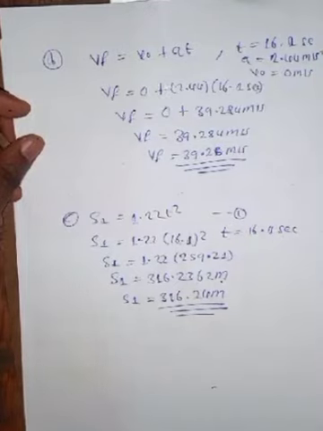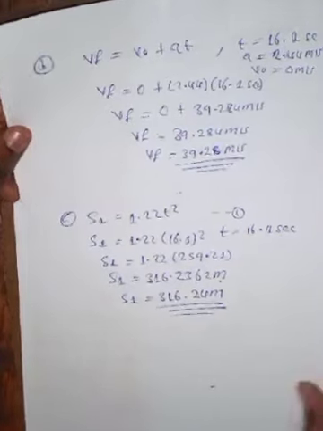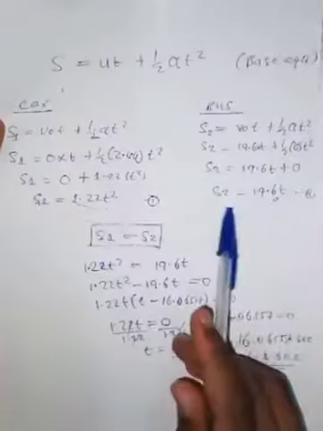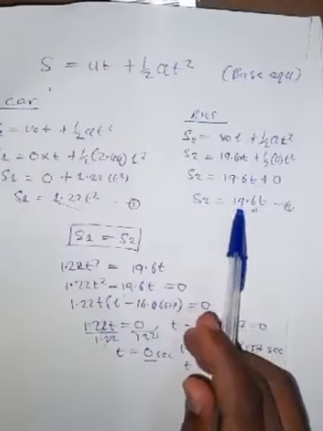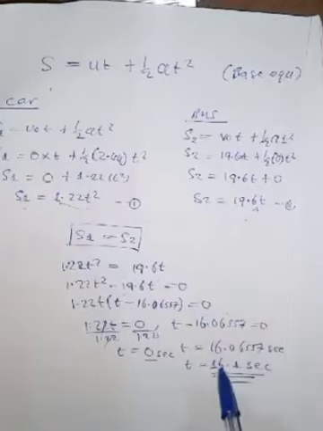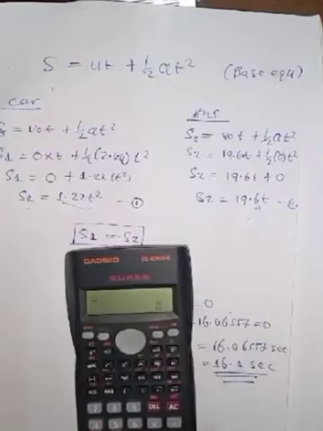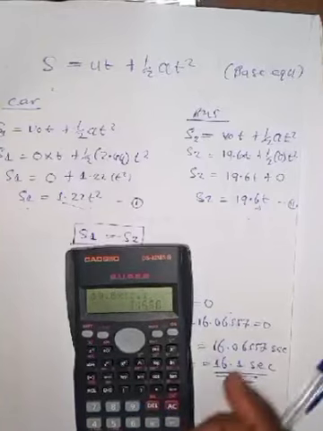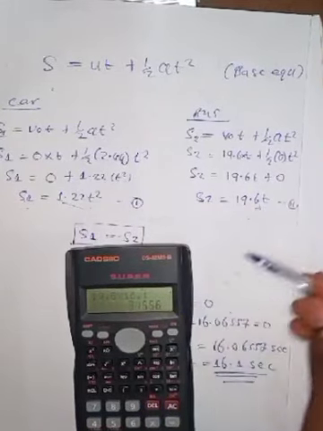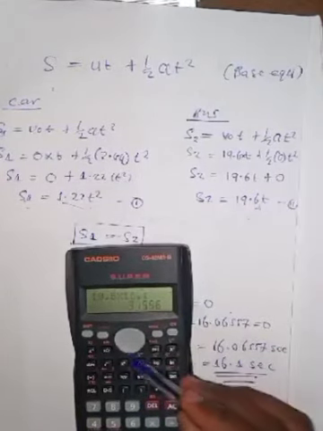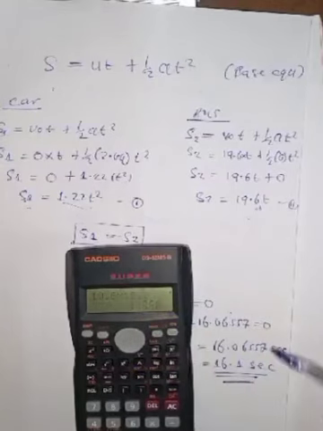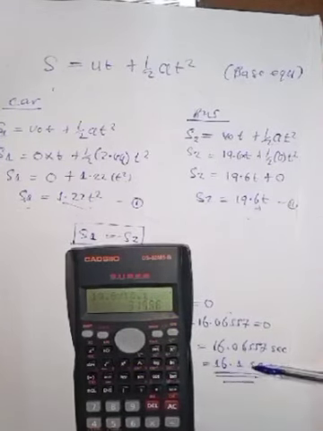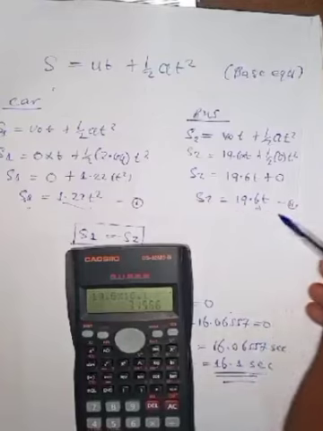You can plug the 16.1 seconds in the equation for S2 and the answer will still be the same if you use S2 there. Just do 19.6 times 16.1. And the answer is still the same. Just because of the rounding off of the figures, we have 315.56 because we rounded off some figures from the time.